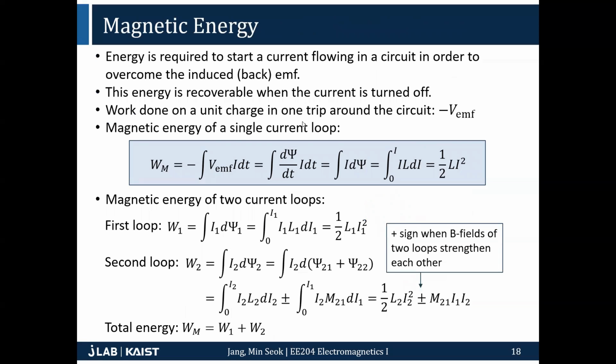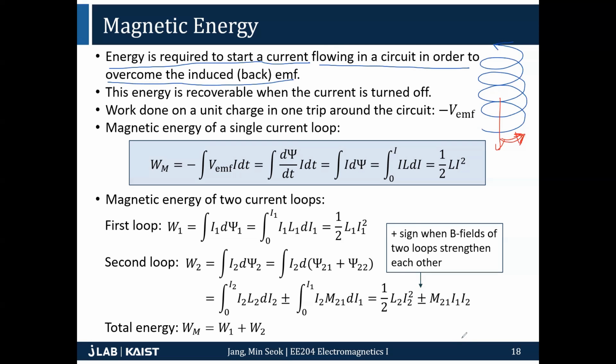So what is the magnetic energy? Here I stated that energy is required to start a current flowing in a circuit in order to overcome the induced EMF. What that means is you can think about a situation where you have a coil here, and you want to run a current through it. But as I said earlier, by Lenz's law, if you start to run a current, then this current creates magnetic flux, right?